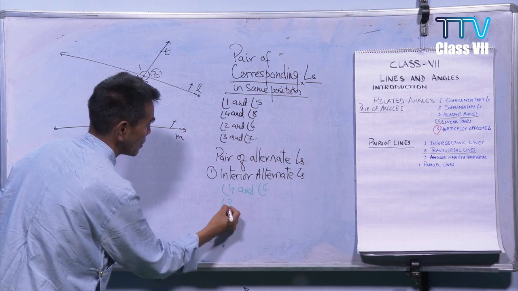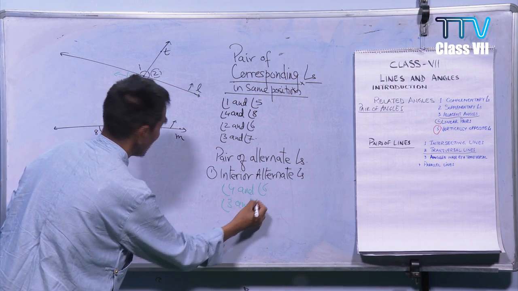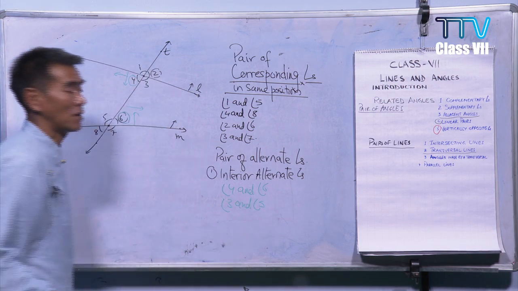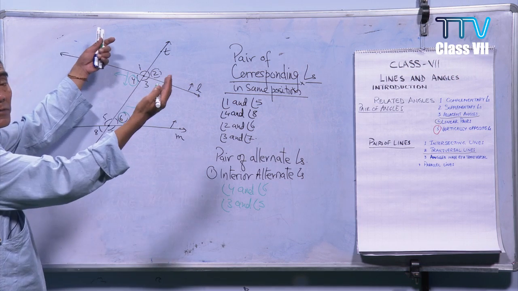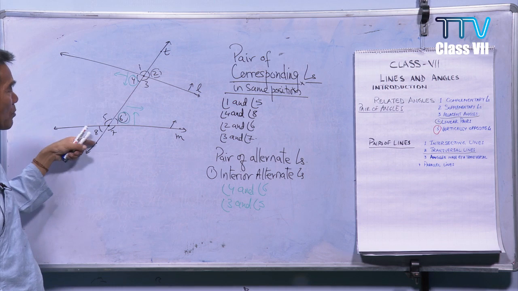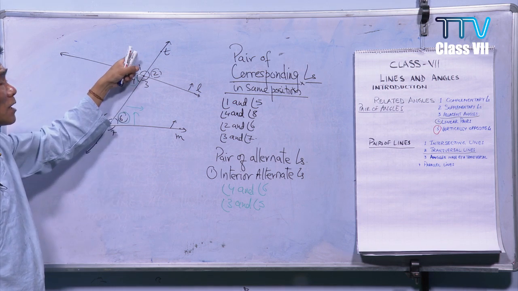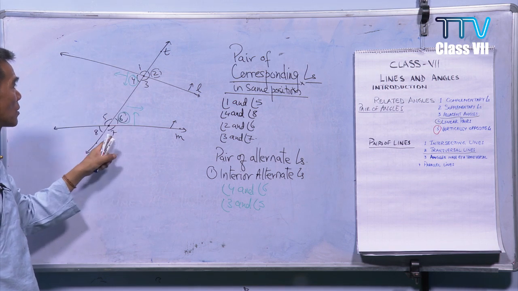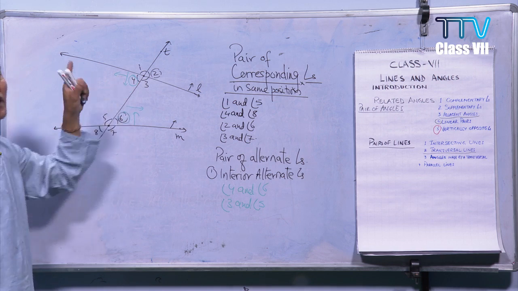Angle 3 and angle 5 are also interior alternate angles. And angle 7 and angle 1 are exterior alternate angles.